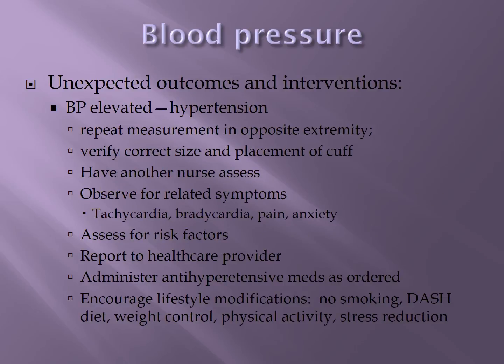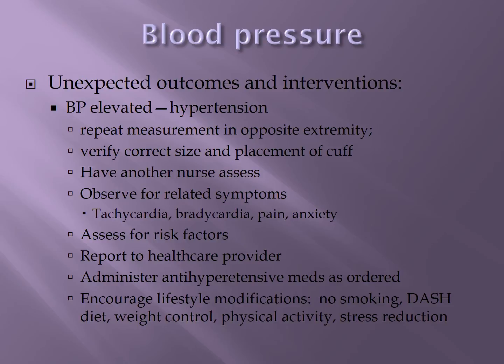Hypertension. Anytime you get a high blood pressure, you should always evaluate their blood pressure in the opposite arm. Blood pressure should be pretty close to the same thing in the right arm and in the left arm, but occasionally you have a patient that is not true, and of course that would always be reported. Make sure you're using the right size of blood pressure cuff, that you have the cuff on bare skin.